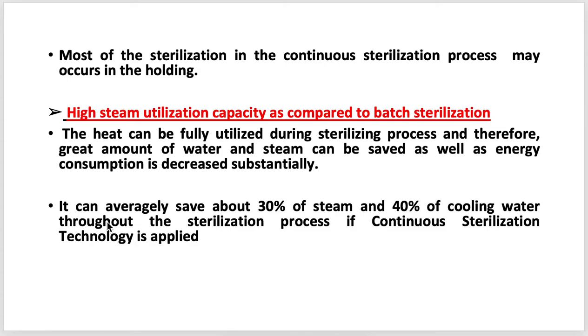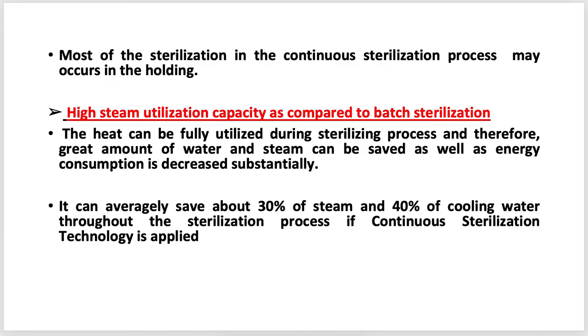If we look at the numbers, in continuous sterilization, on average 30% of steam is saved and 40% of cooling water is saved throughout the sterilization process. That means continuous sterilization is much more energy efficient than batch sterilization.